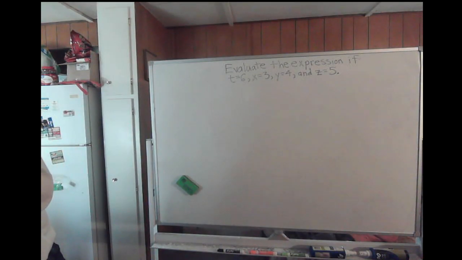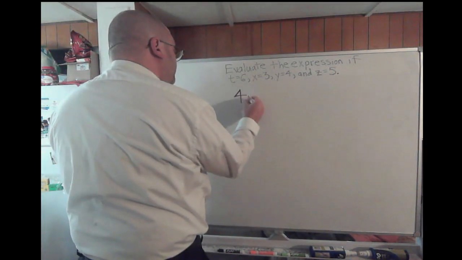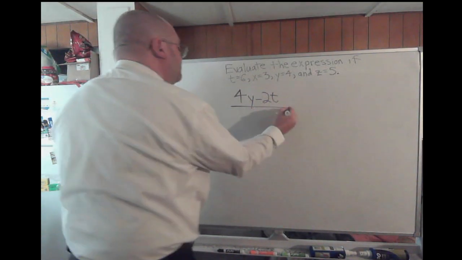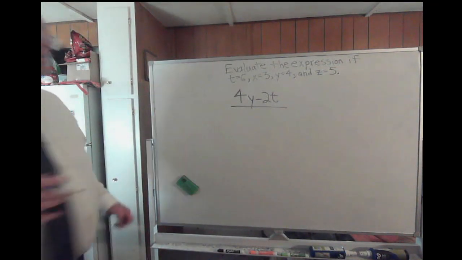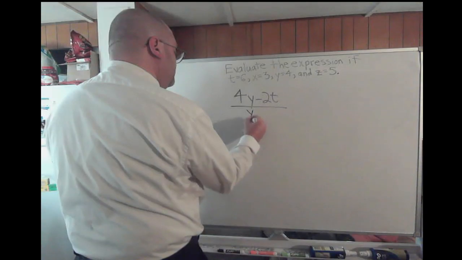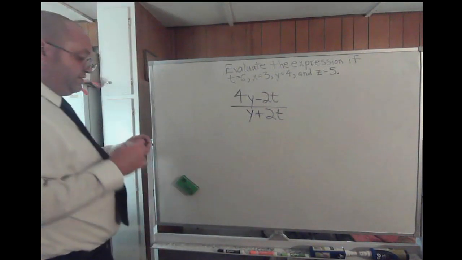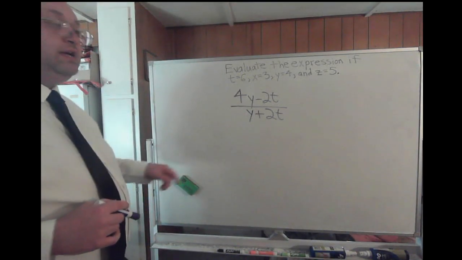Alright, 4y minus 2t. Let's start there. 4y minus 2t all over y plus 2t. Alright, so we got the algebraic expression 4y minus 2t all over y plus 2t.